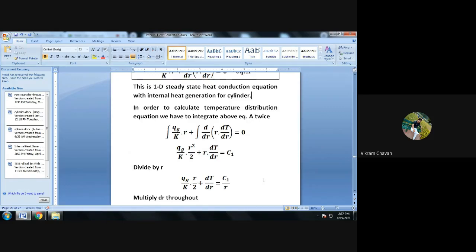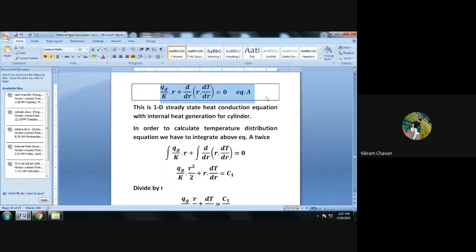To remove the differentiation and get the pure temperature term, we have to integrate equation A twice. So first, we apply integration to equation A.